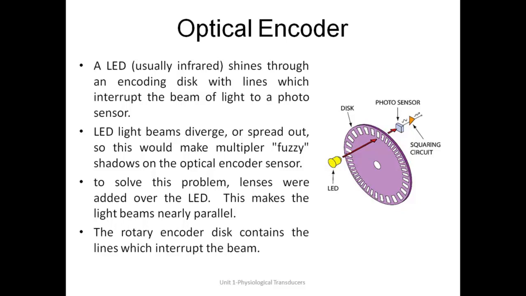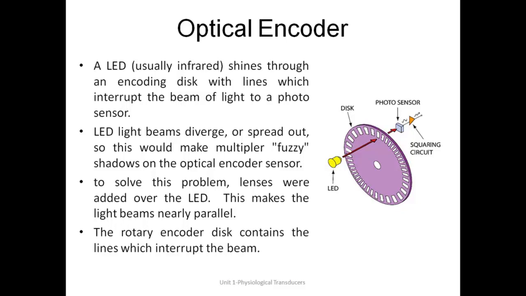Likewise, when your disk is rotating, this disk can be connected to some shaft or some device in your instrument which is rotating. It is giving you some value. Now with the same speed, when this disk is going to rotate, what will happen? The output that you are going to get is going to be in numbers.